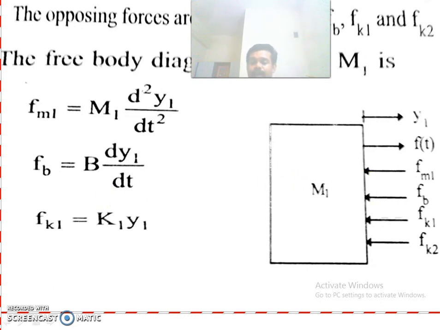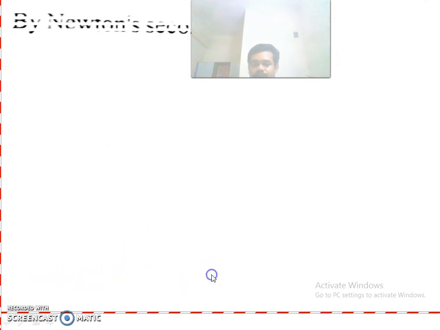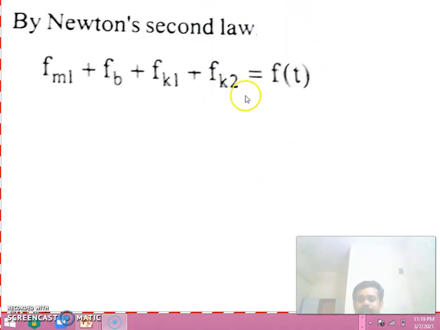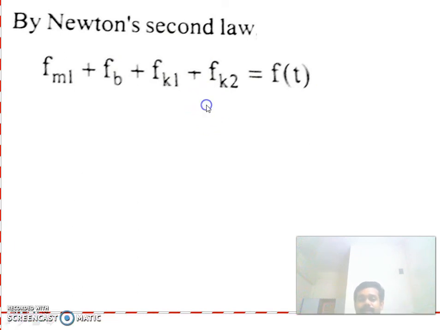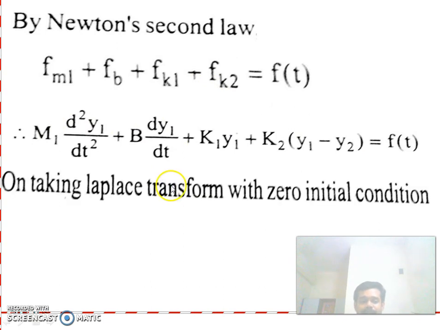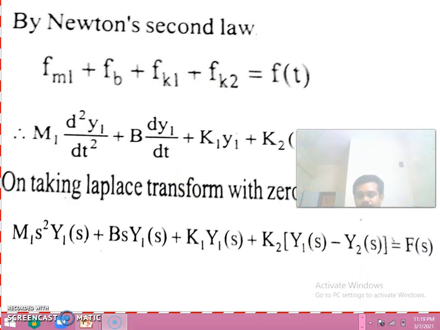Then Fk1 is nothing but k1 into y1, and Fk2 is nothing but k2 into y1 minus y2. By Newton's law, the applied force is equal to the opposing force. Here the applied force is F of t, and the opposing force is Fm1 plus Fb plus Fk1 plus Fk2. Now we are substituting these values and we are calculating the Laplace transform.